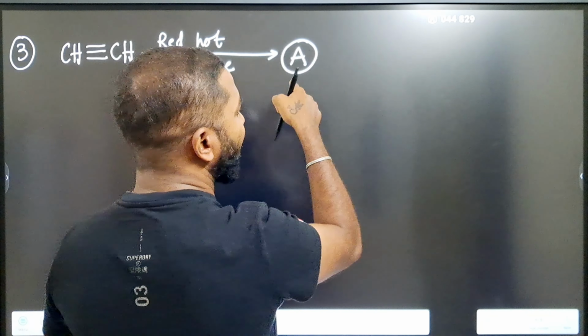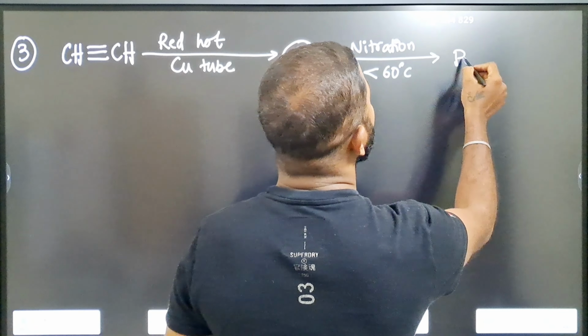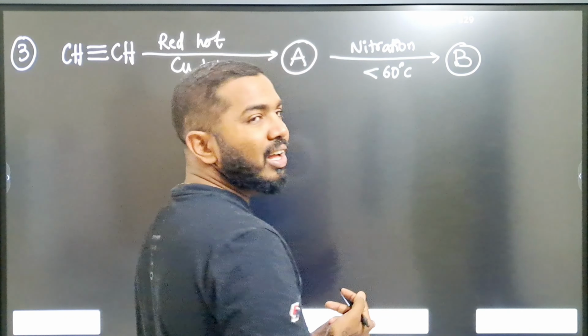Now let us do nitration of this benzene. Obviously the temperature must be less than 60 degrees, then mononitration takes place. Let me not reveal the answer now.